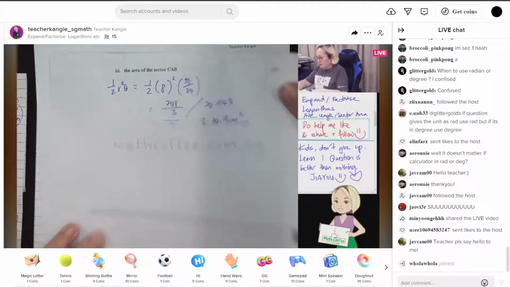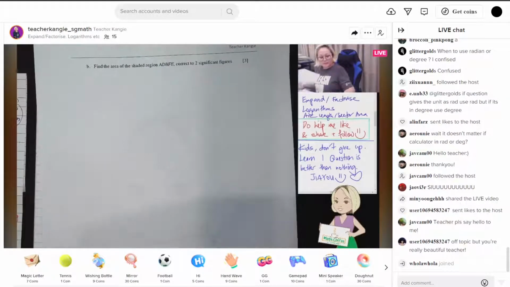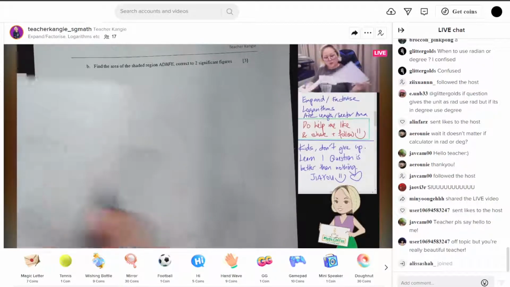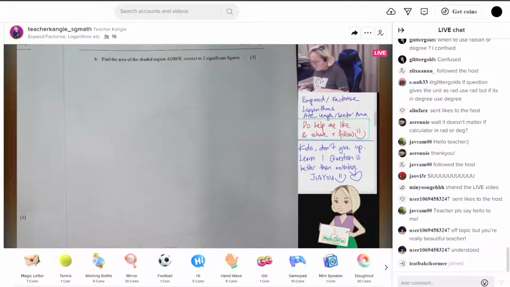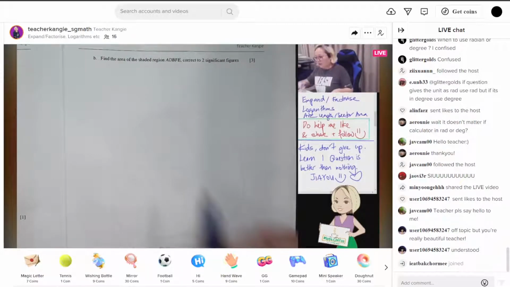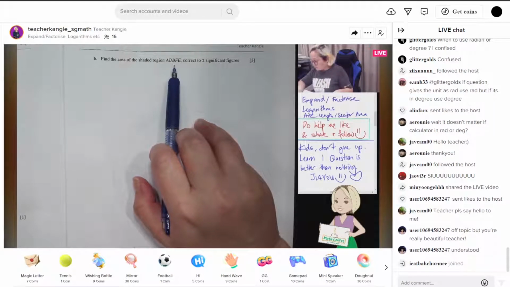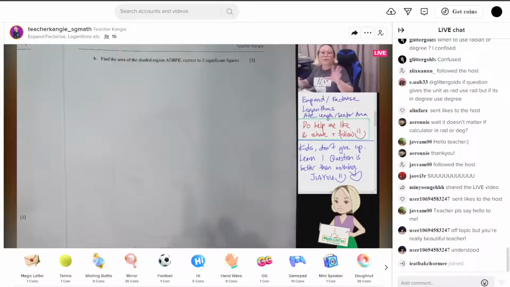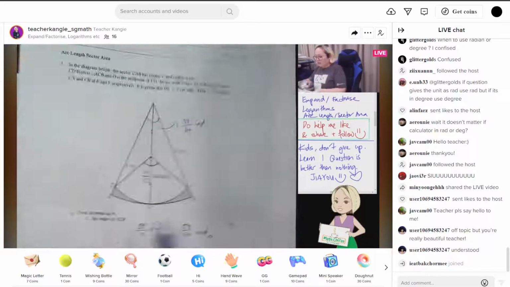Okay, let's move on. Next they're asking to find the area of the shaded region. This is the last part, 3 marks. So they ask you to find the area of the shaded region over here.